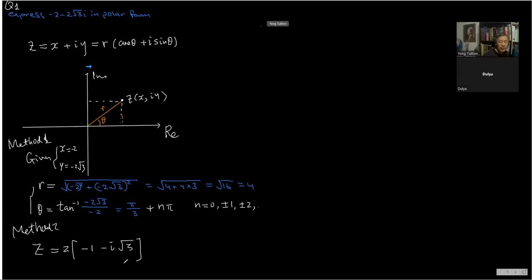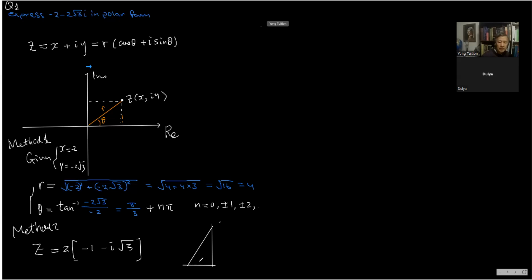So how can we make up the sine and cosine? Of course, we know the answer is a 60 degree angle.